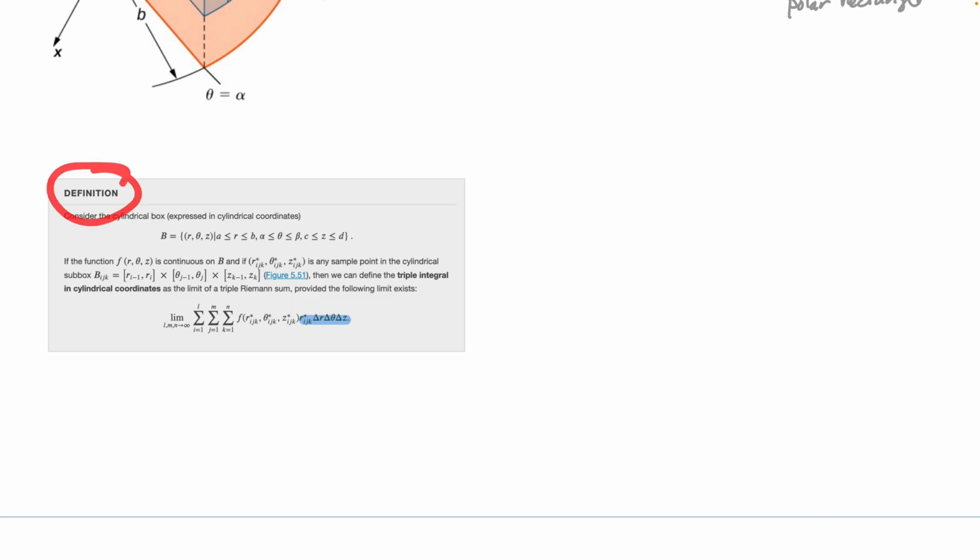That then will allow us to define a triple integral expressed out in cylindrical coordinates by taking a limit of a triple sum where we're varying r's, thetas, and z's. You'll note that when we actually integrate, the z will be done typically first, and then r, and then theta.